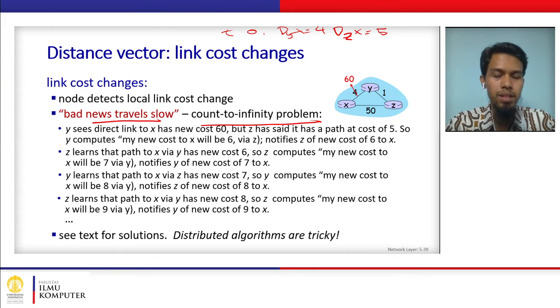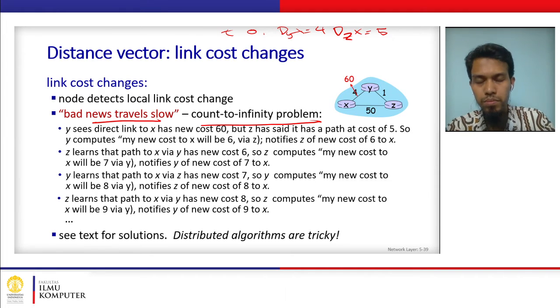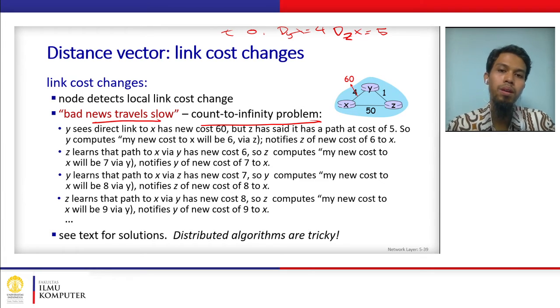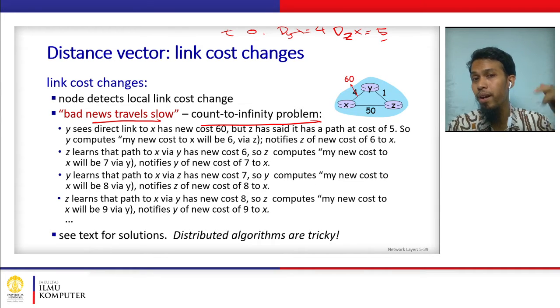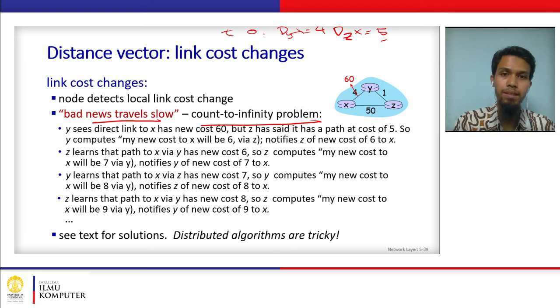So this is just within the distance factor at Y. But since it knows that there is a change in the link cost on the path from Y to X, it becomes 60. So this direct path is no longer a preferable path. So it says the path from Z to X equals 5, and it thinks it's better to go to X through Z.